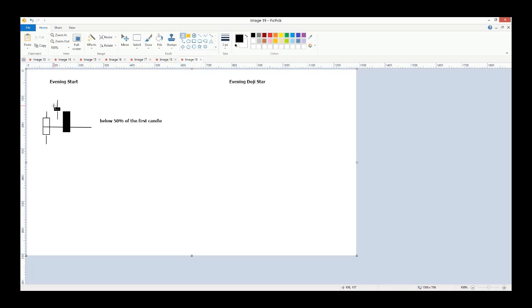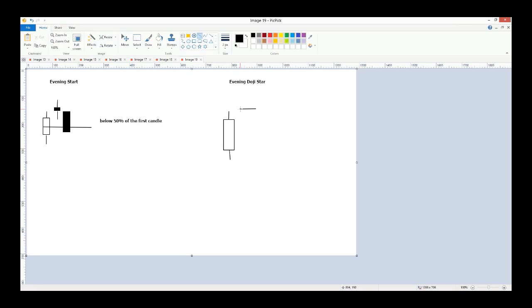At the same time, we can have an evening doji star instead of an evening star, which is mostly the same. However, the difference is that the second candlestick is a doji. Therefore, the formation will be something like that.